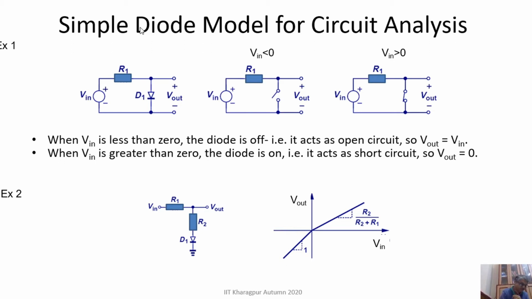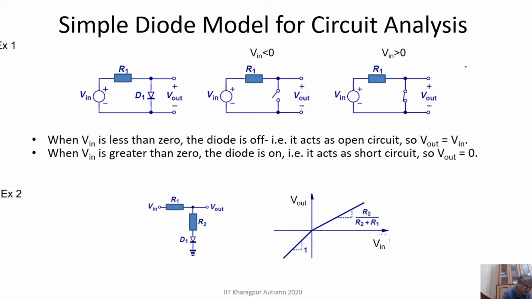In the first diode model we mentioned that the diode is ideal, so there is zero voltage drop across the diode, and there is almost no current passing through the diode when the diode is off.